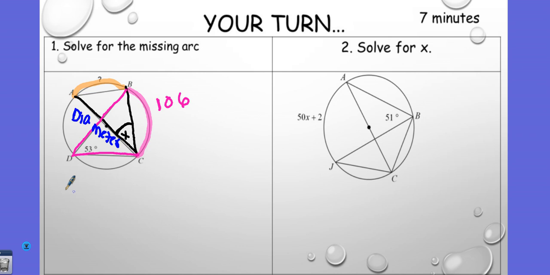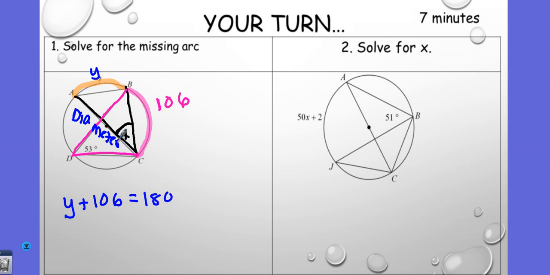So that is what we call a semicircle. So I'm going to say the question mark, and I'm going to call it Y, since we already have X down here. So we're going to say Y plus 106 should equal 180. That's going to help me find Y.